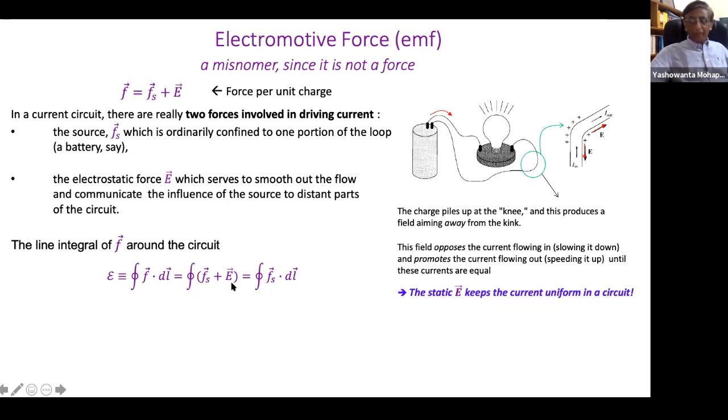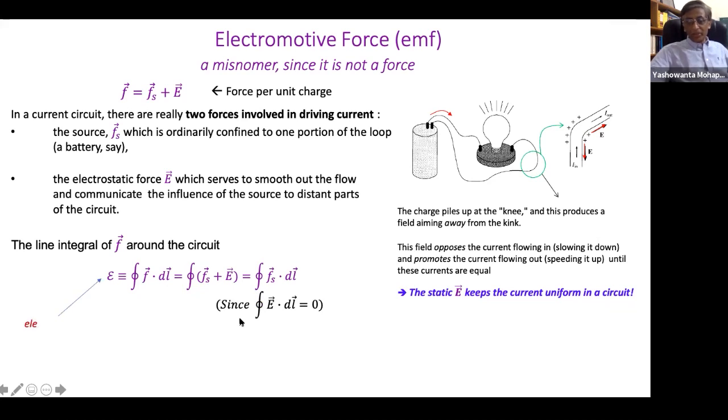Because the electrostatic force cannot produce EMF, because the electrostatic E dot dl around a loop is equal to 0. This we already know because del cross E is 0, and hence it's path independent. If it is around a total circuit, then it is 0.